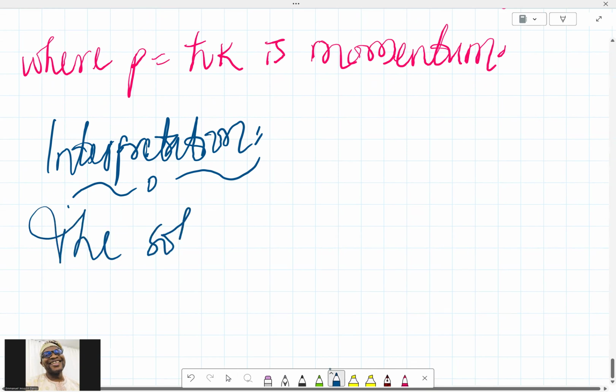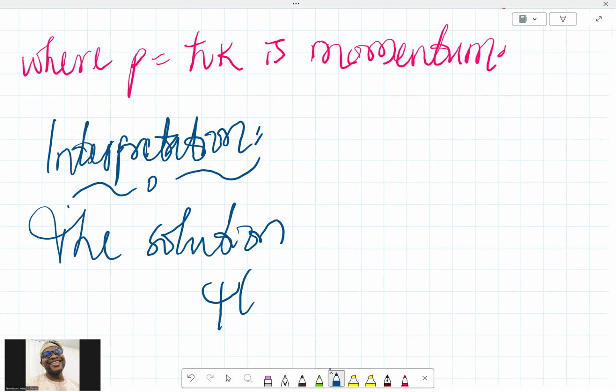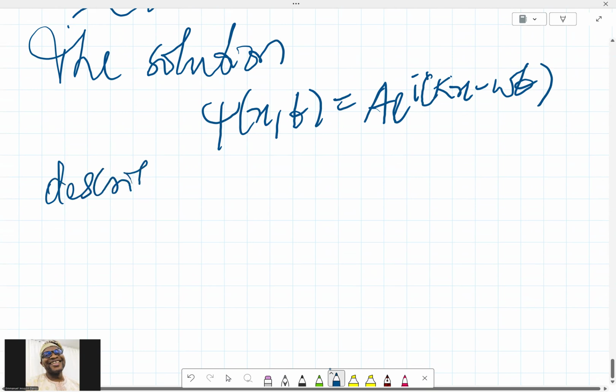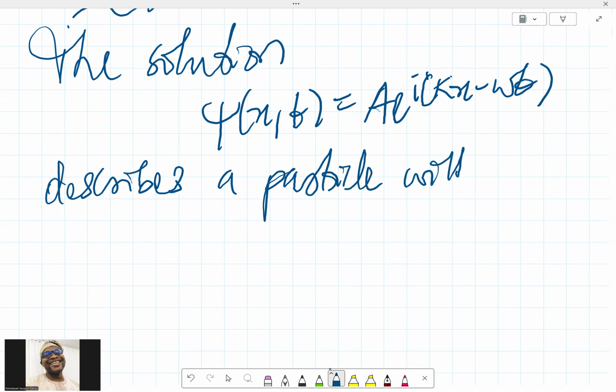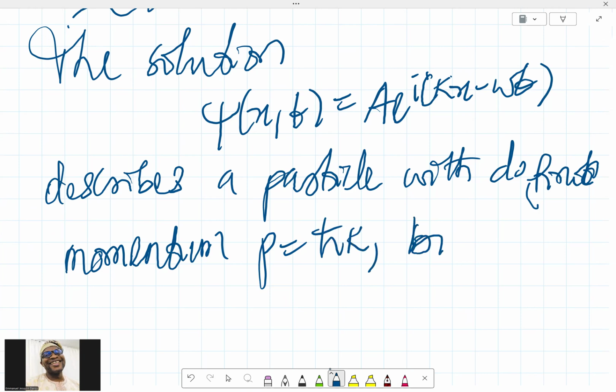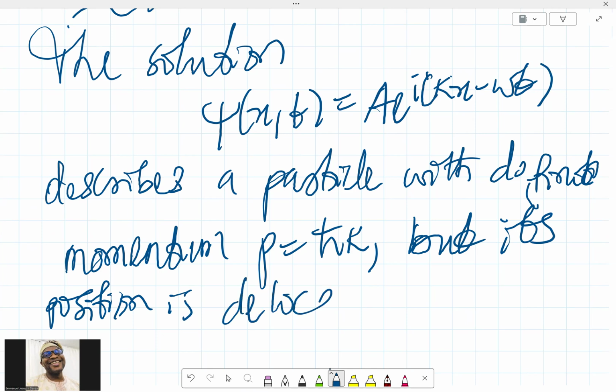The solution psi of x, t, which is equal to A e^{i(kx - omega t)}, describes a particle with definite momentum p equals h bar k, but its position is delocalized.